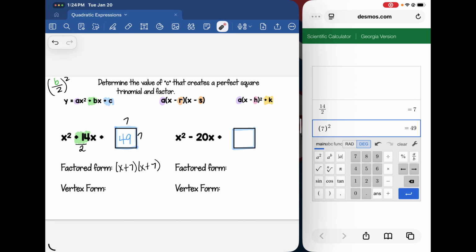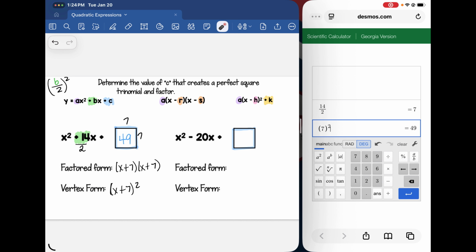Which gives me my factored form, my 2 parentheses, with an a value on the outside of here as 1. Well, what about my vertex form? I say that because vertex form has this square. Well, how many times do I see the same parentheses? Twice. So my vertex form would be x plus 7 squared. Because it's 2 of them.